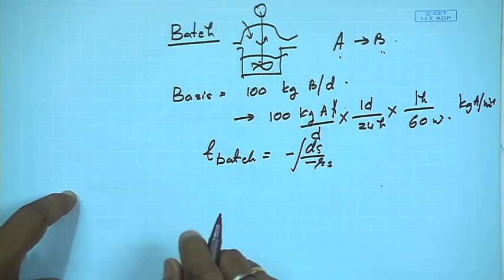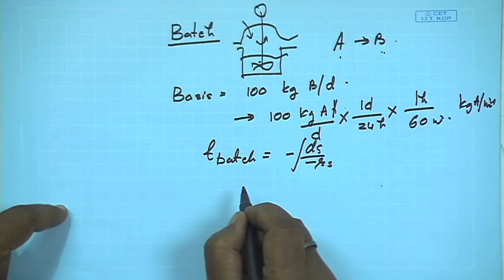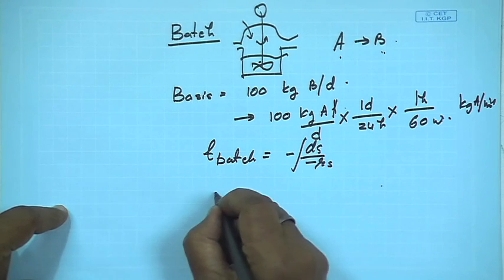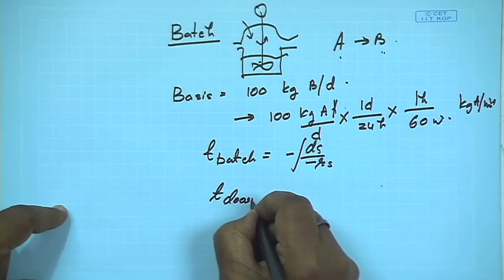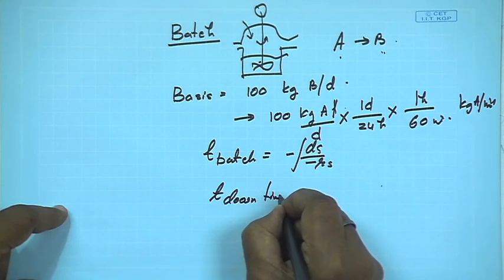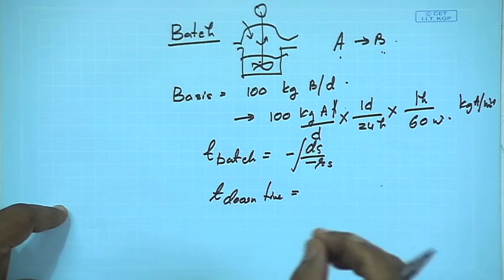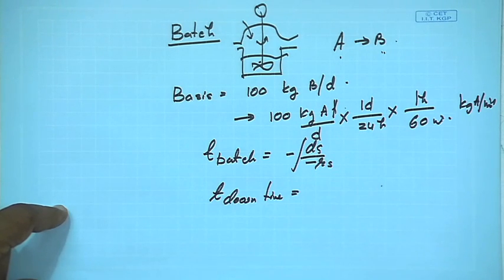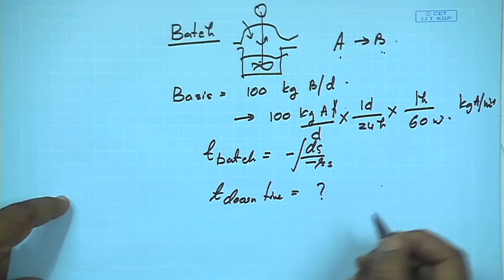But here there is a problem. When you do any kind of batch process, we have to consider the downtime, T downtime. This downtime contains the time required for taking out the product after the fermentation is over, then cleaning the vessel, and then refilling the substrate. So, this downtime you have to assume, or you have to find out.